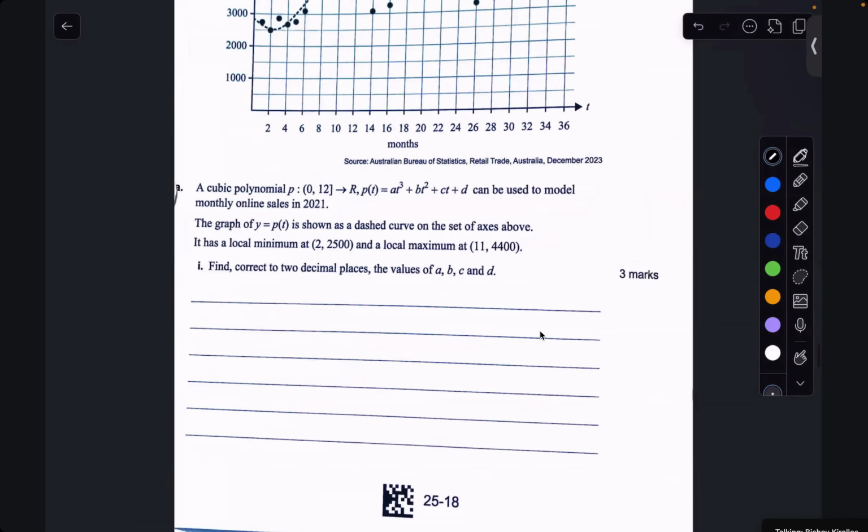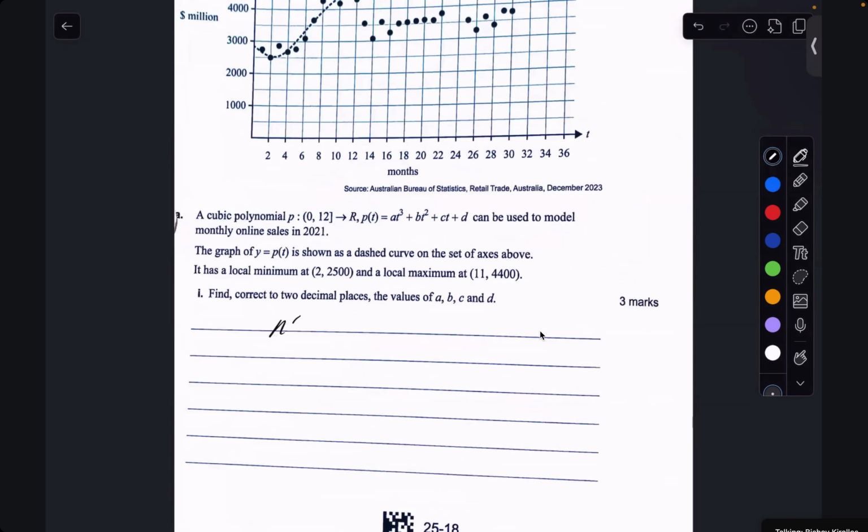So the first equation is that P of 2 is equal to 2,500, but also P dash of 2 is equal to 0. And then P of 11 is equal to 4,400, and P dash of 11 is equal to 0 as well.